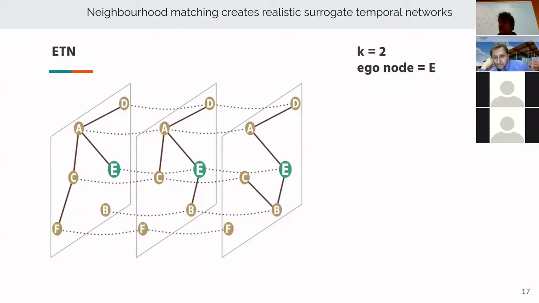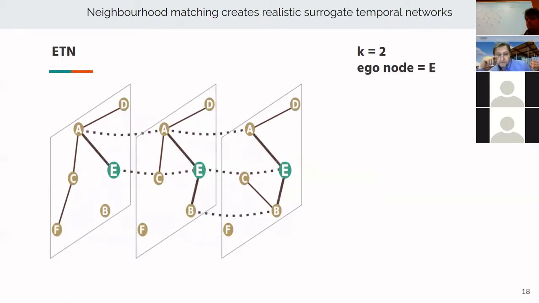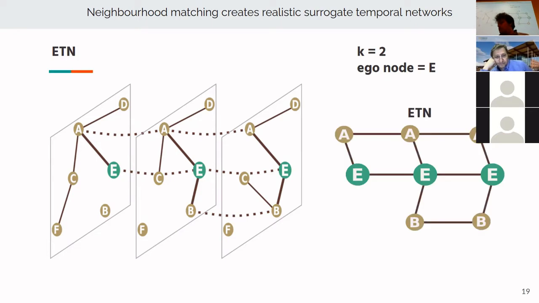We choose an ego node, and we take the first order neighborhood of the ego node at each time step. What we have is a structure that is like a 3D structure, in the sense that we have layers and our layer evolves and we create an edge among the same node, like here, because A is still A, but it just changed time. And then we have the connection with the node.